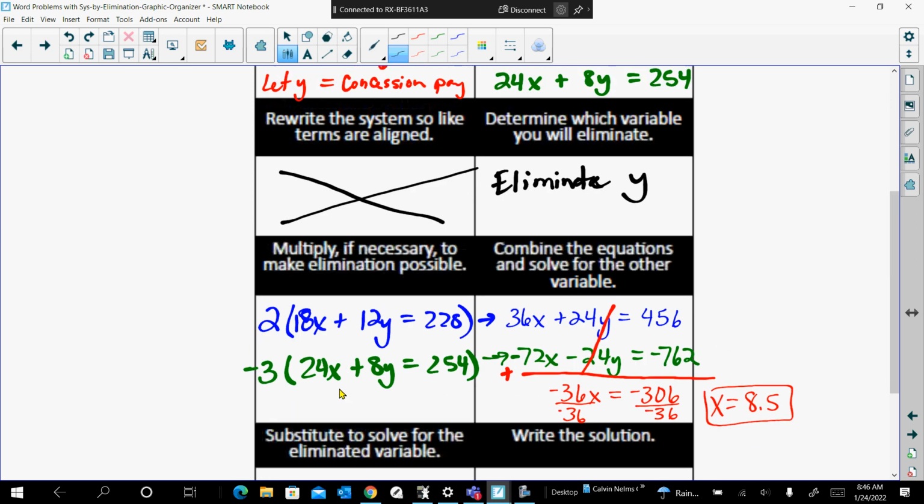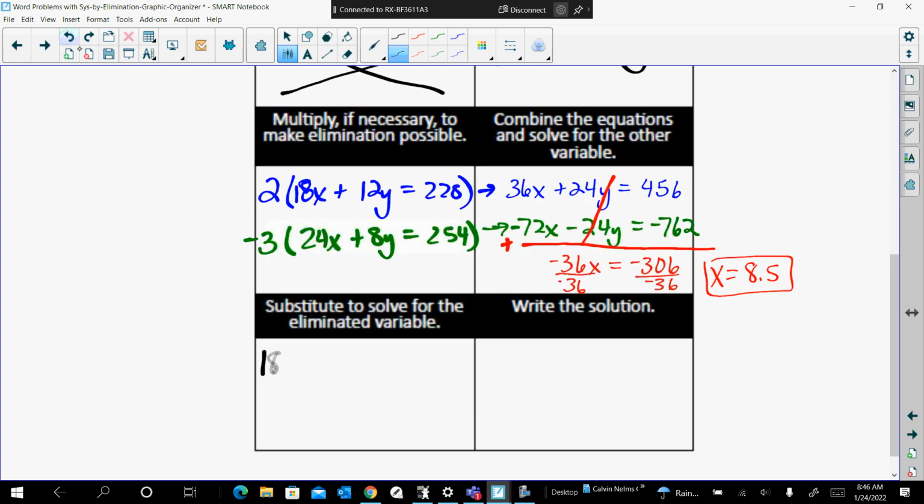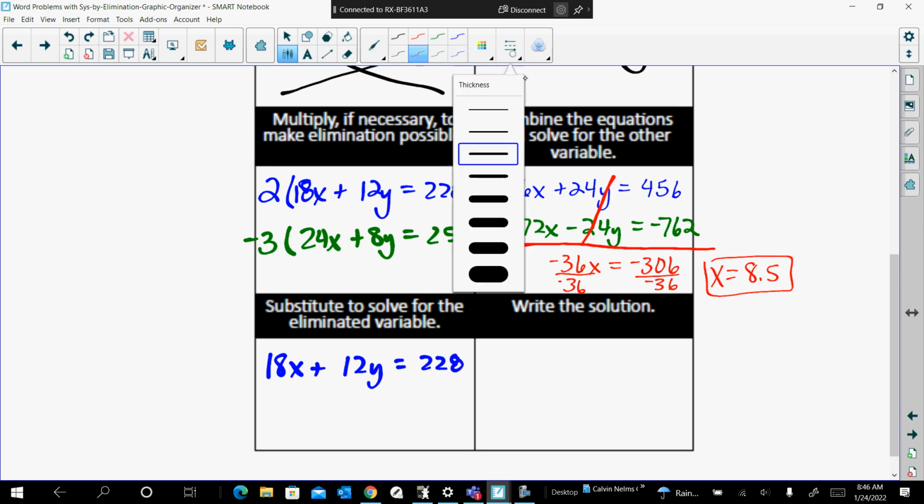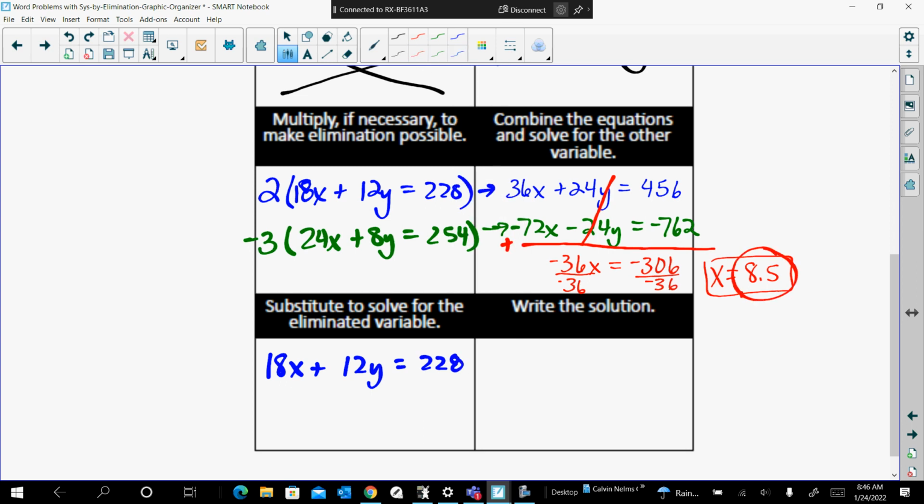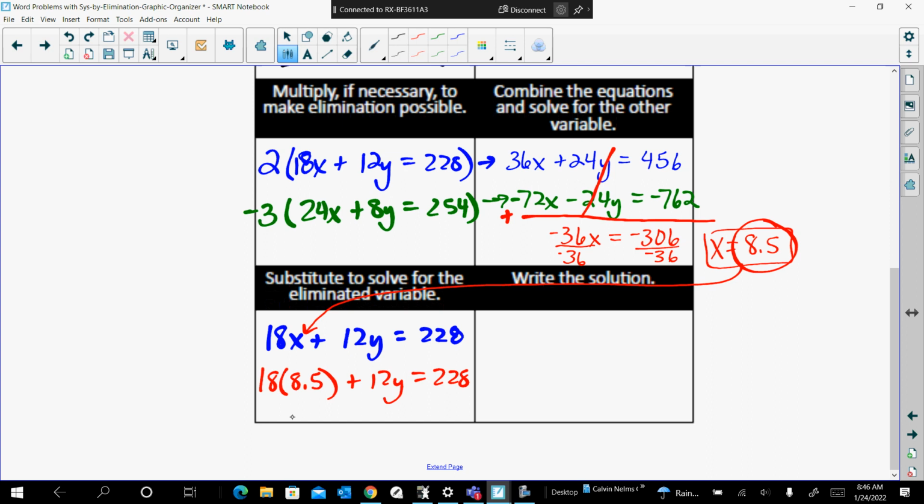All right, so we can substitute this in our original equation, which was 18x. I probably should have put that in blue. Taking this, plugging it in for x, so 18 parentheses 8.5 plus 12y equals 228. This gives me 153.